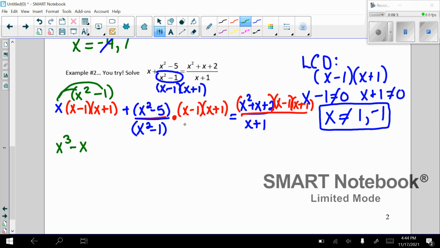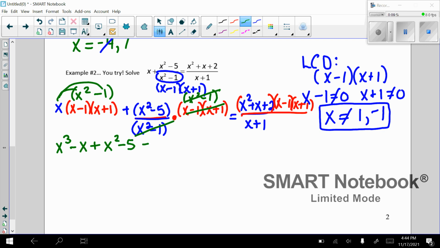In the second fraction, we had a denominator of x squared minus 1, and we multiplied it by x minus 1 times x plus 1. Remember, that is x squared minus 1, just broken apart. So this entire denominator gets canceled out, and we just add the numerator, x squared minus 5.